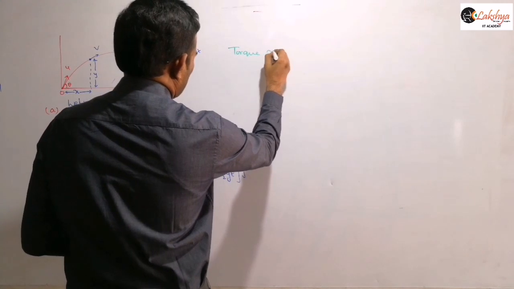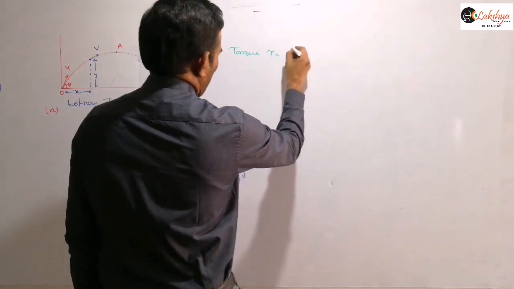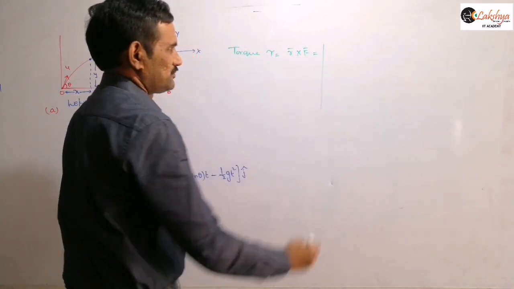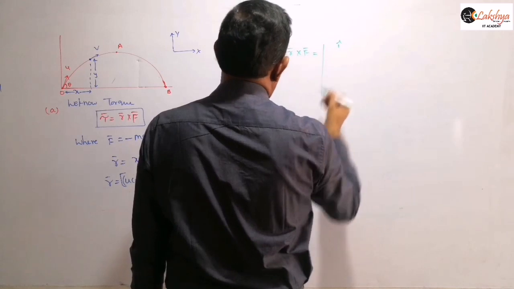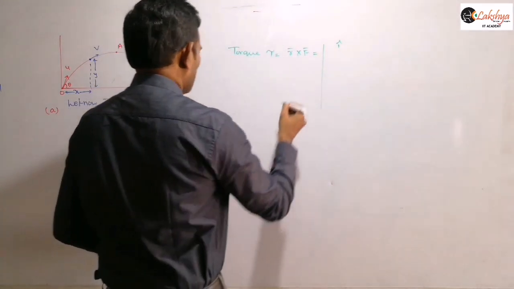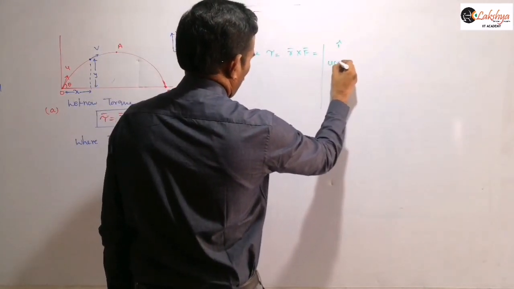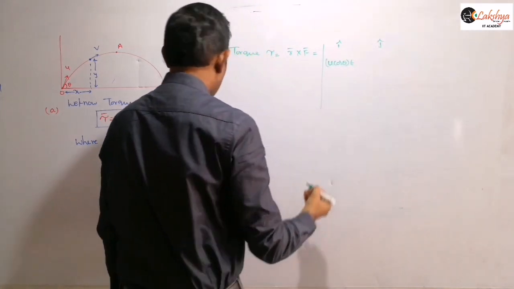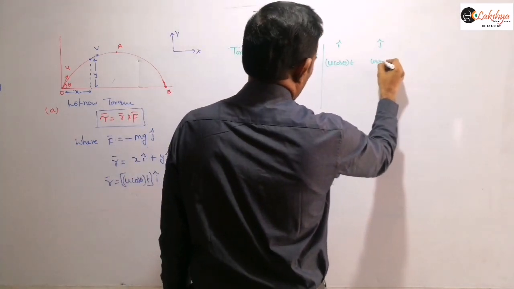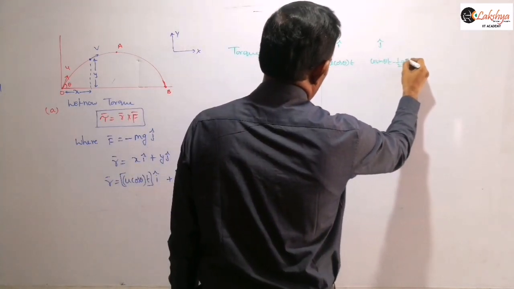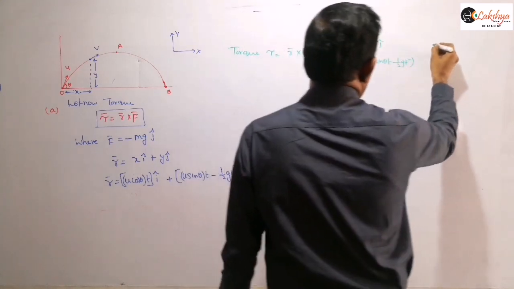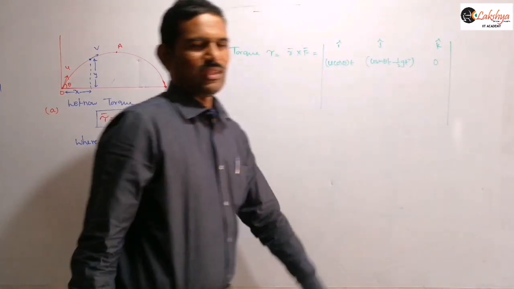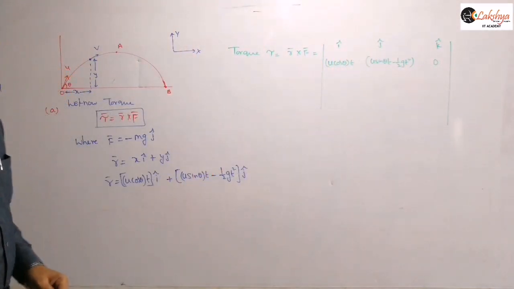Therefore this torque tau is equal to r bar cross f bar, which we can write as: i cap coefficient for this r is u cos theta into t, j cap coefficient is u sin theta into t minus half g t square, and k cap, right? The k cap component is not there. When the k component is not there, we need to write just 0.